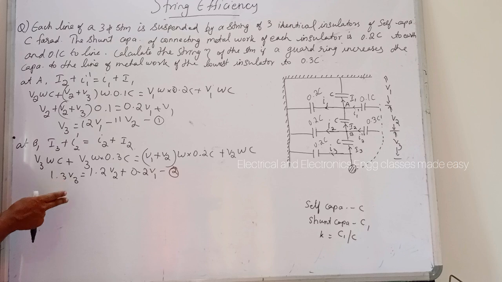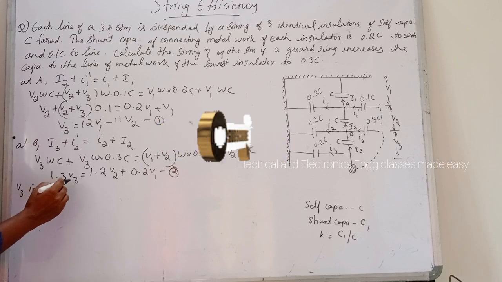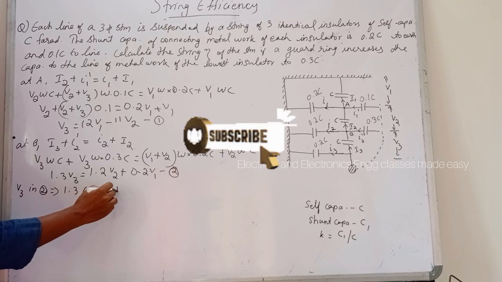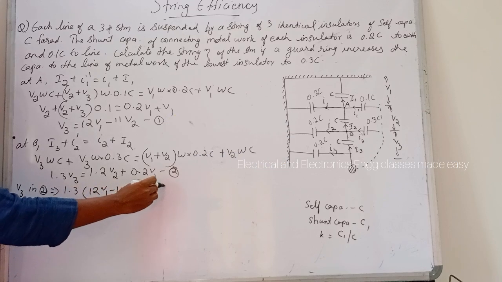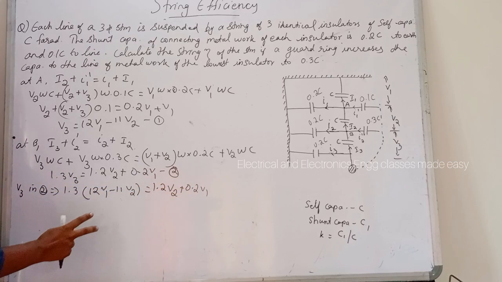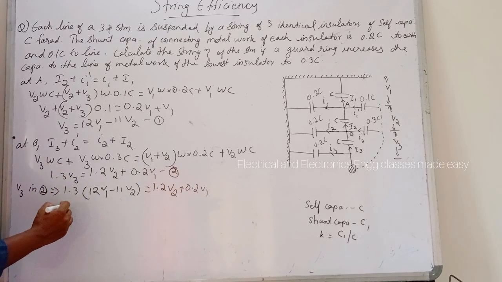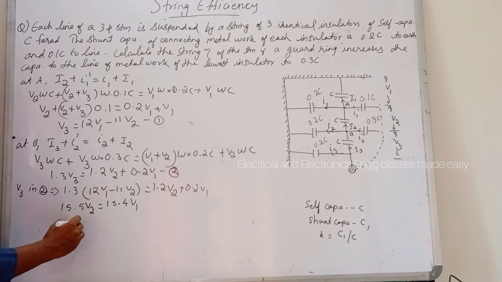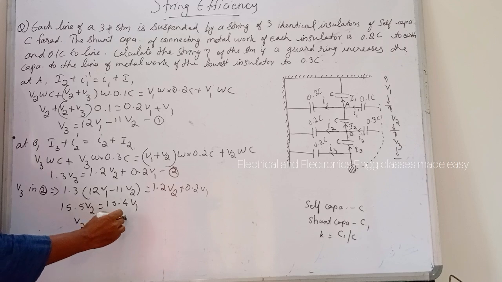Then put the value of V3 here. So V3 in equation 2 implies we will get 1.3 into 12 V1 minus 11 V2 equal to 1.2 V2 plus 0.2 V1. Now after rearranging we will get 15.5 V2 equal to 15.4 V1. That is V2 is equal to 0.993 V1.